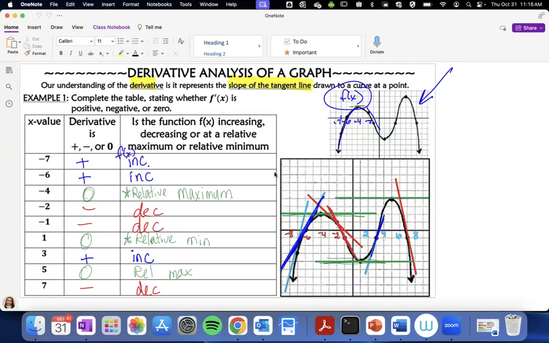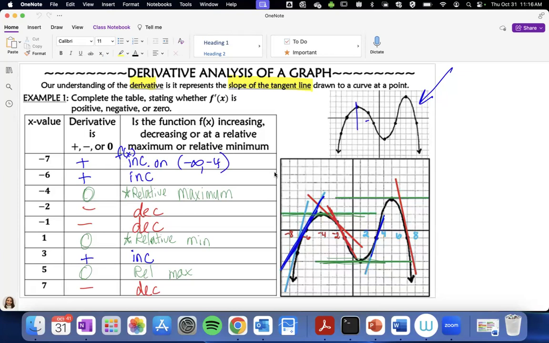Well, my derivative is positive all the way from negative infinity all the way to what x value? -4. So I would say it is increasing on negative infinity to -4.